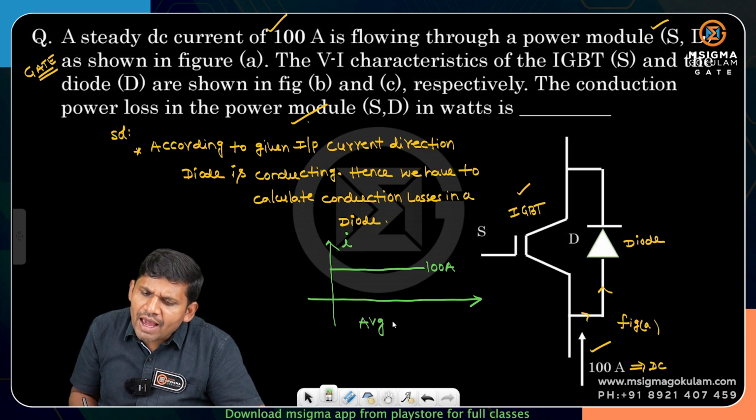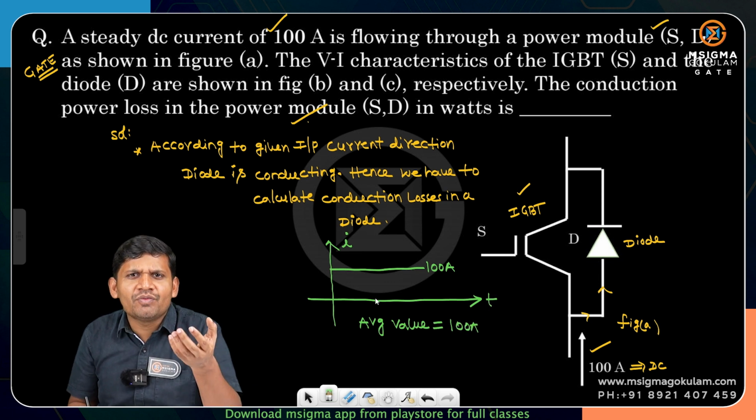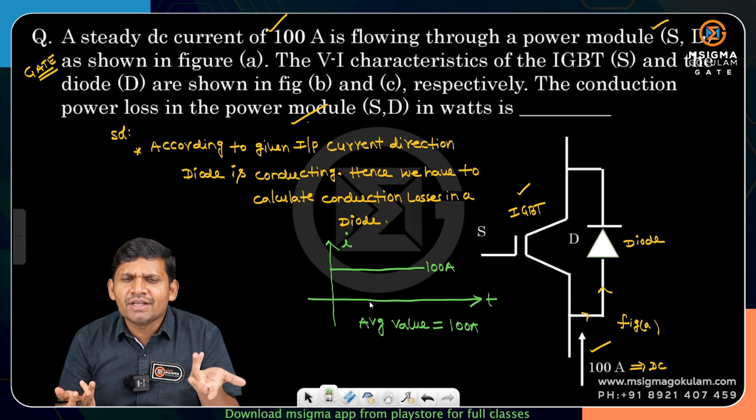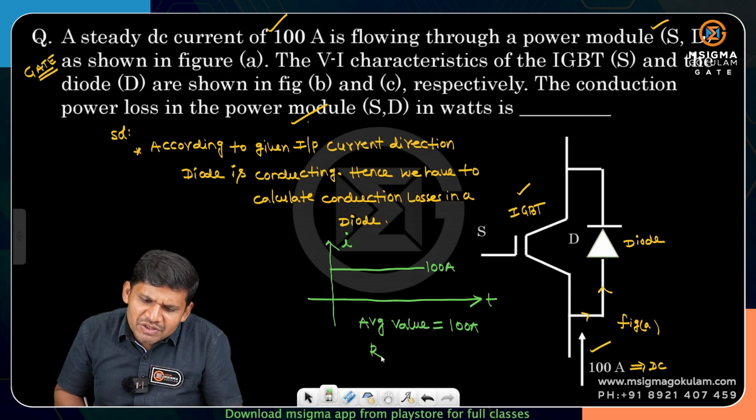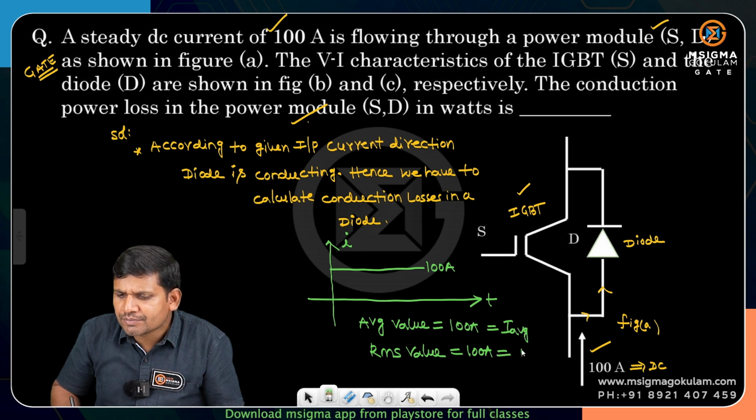If you take the average value, it is 100 amperes only. Sir, if there is a constant current of 100 amperes, what is the average? It is 100 only. What is the RMS value? For 100 ampere constant, the RMS value is also 100. Okay, this is I average, this is IRMS.